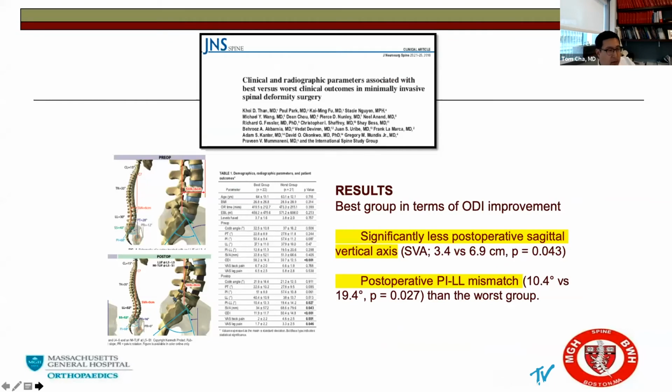So, when you look at the best outcomes, the best groups in terms of clinical outcomes, generally it's when you address the sagittal plane, as we know. So addressing SVA and reducing it down to at least 3 centimeters, and then making that harmonious matching of the pelvic incidence with the lumbar lordosis, and addressing that mismatch, is generally going to lead to improvement in outcomes.